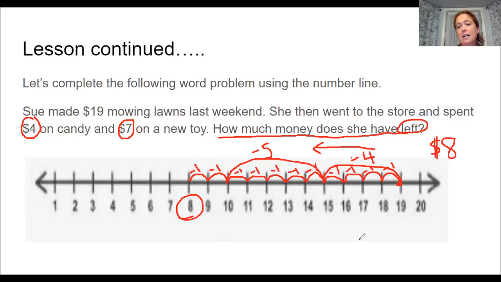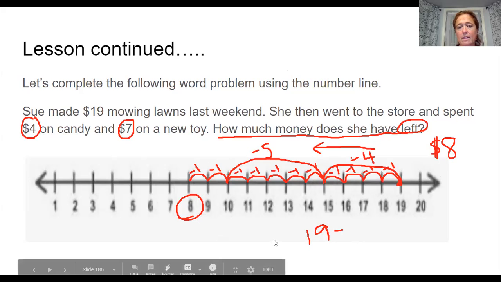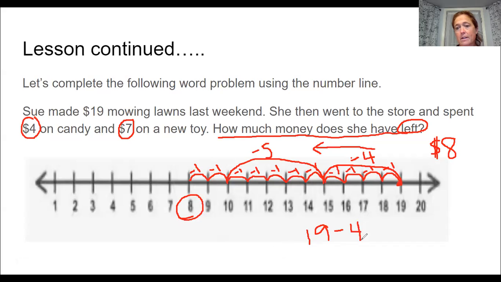Our equation to get $8 would be $19 minus $7. Well, actually, we started with 4, so let me change that. $19 minus 4 equals, we landed on 15. 15, and then 15 minus 7 equals 8.